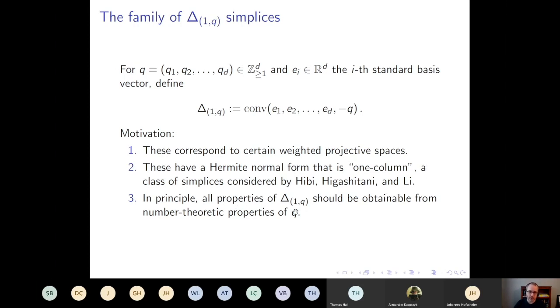And in principle, all the properties of Delta_1(q) should be obtainable from number theoretic properties of q. So what we're doing is we're moving away from the combinatorics and instead replacing combinatorial complications with number theoretic complications in the hopes that we might see some interesting behavior that will shed some light on those questions that I mentioned.